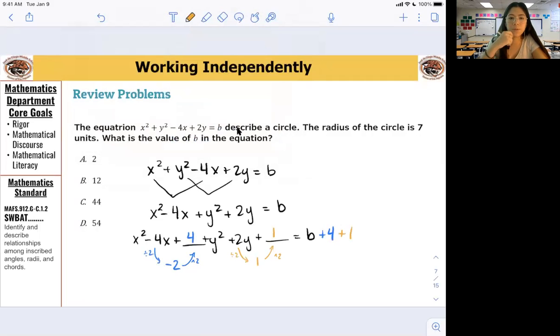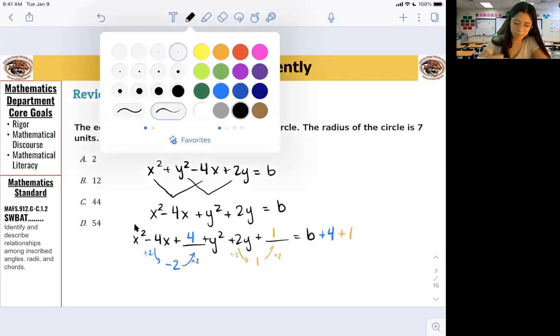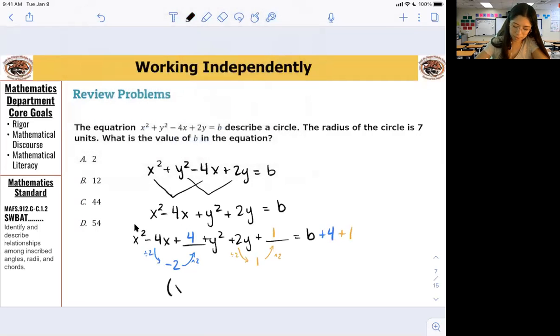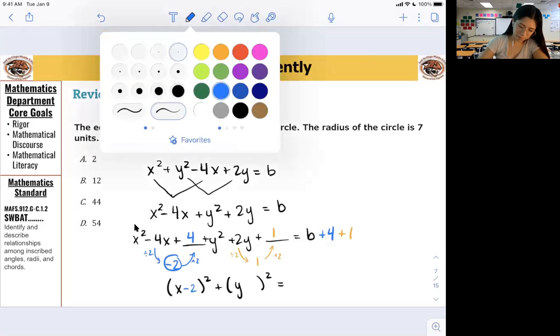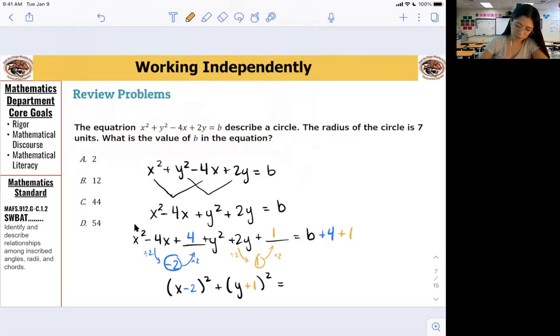Okay, so now I can finish this off and just factor it real quick. You don't have to do it, but I am going to do it just so we get a nice final answer. What goes in the blank inside the parentheses? -2 and +1. Good. It's the magic number. And on the right side, I have b + 5. Now I'm in standard form, right?